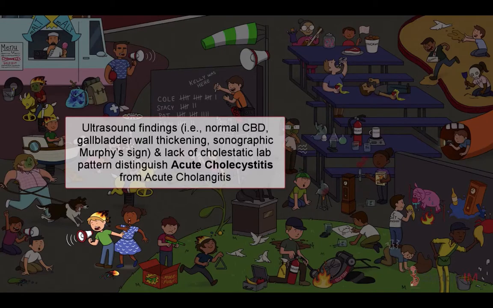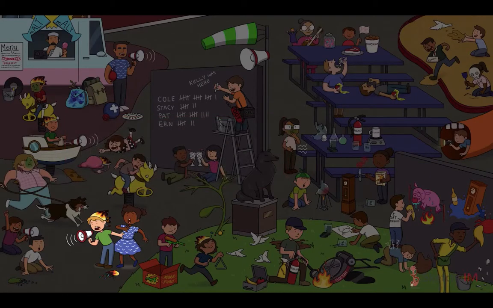However, patients with acute cholecystitis should not have a cholestatic pattern, like significantly elevated bilirubin or ALK phos, on their labs. Additionally, an abdominal ultrasound in acute cholecystitis will show a normal, non-dilated common bile duct, while the gallbladder wall will be thickened. Add to that a sonographic Murphy sign, and you've got pretty much all you need to distinguish cholecystitis from cholangitis.